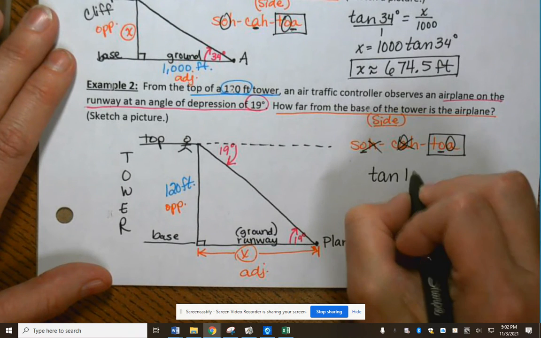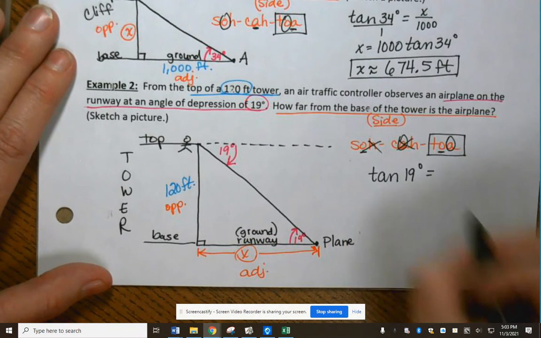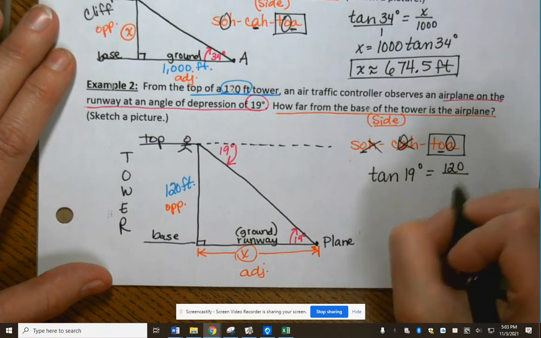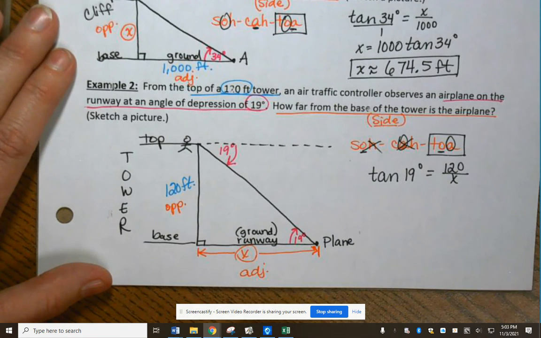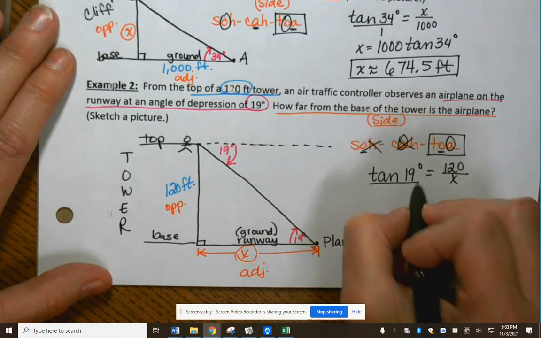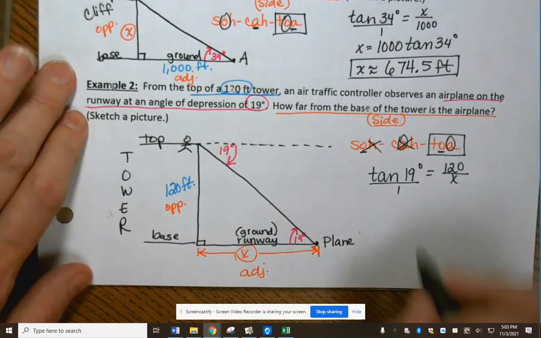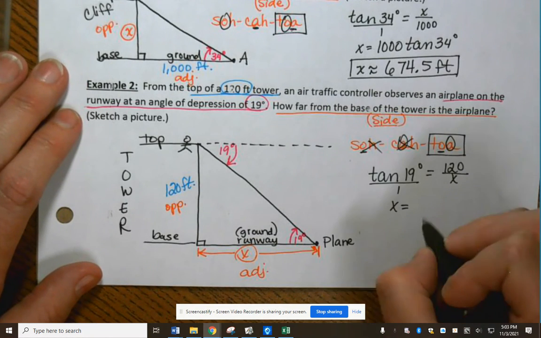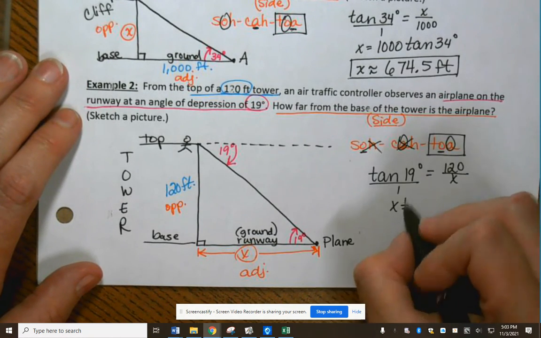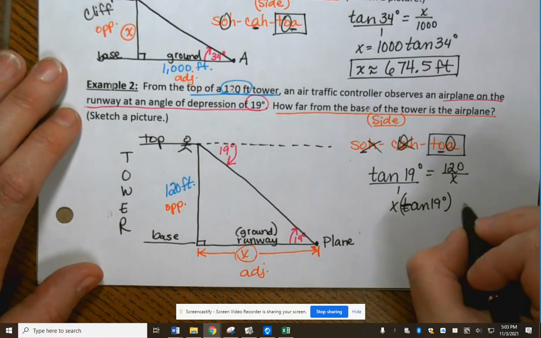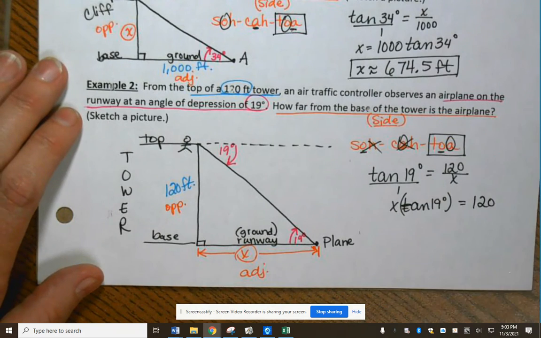So the tangent of 19 degrees is going to equal 120 over x. Put that tangent of 19 over 1. Cross multiply, so x times the tangent of 19 degrees is equal to 120 times 1.